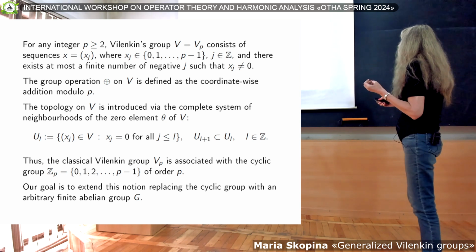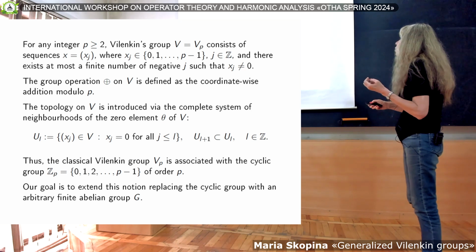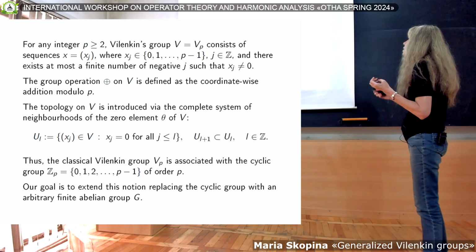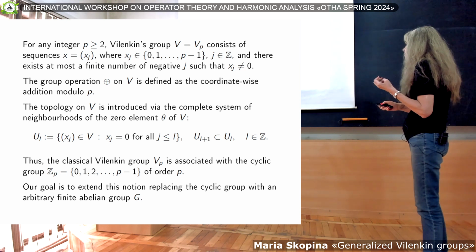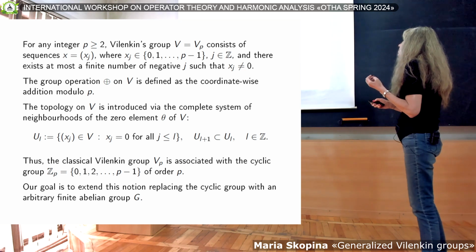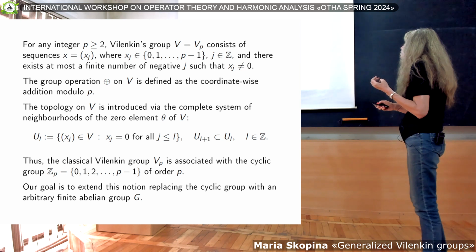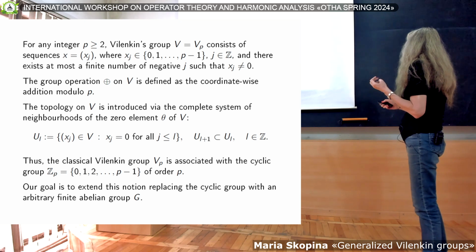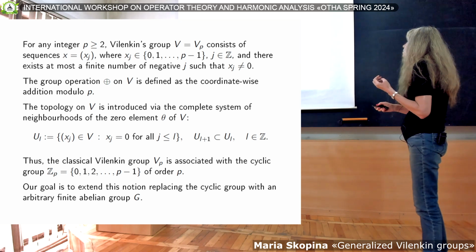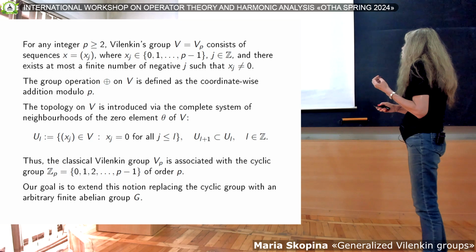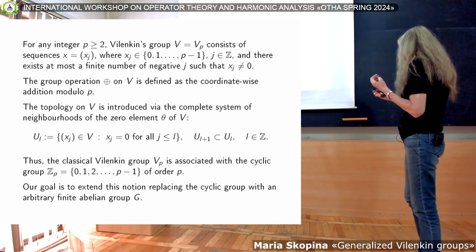So this is a cyclic group. So we can say that the classical Vilenkin group is associated with the cyclic group of order p, and our goal was to extend this notion, replacing the cyclic group with an arbitrary finite abelian group G.